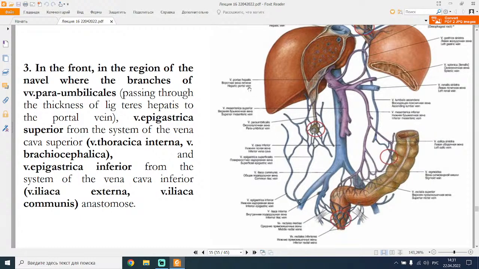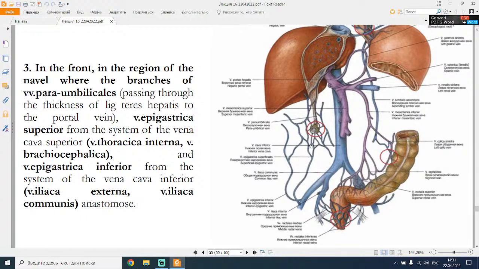Anastomosis: vena epigastrica superior connects with vena epigastrica inferior, and paraumbilicalis drains into the portal vein.